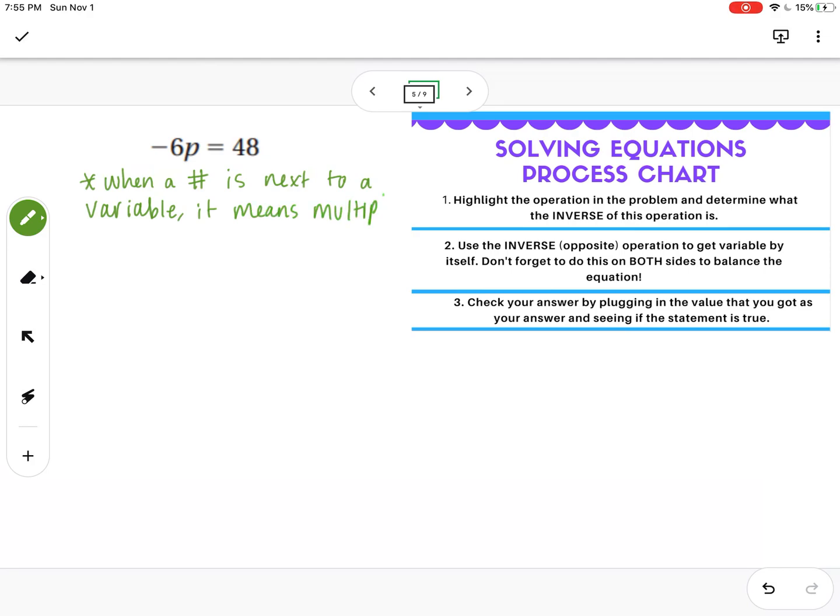So we know the operation occurring here is multiplication. So we would have to do the opposite, which is division.